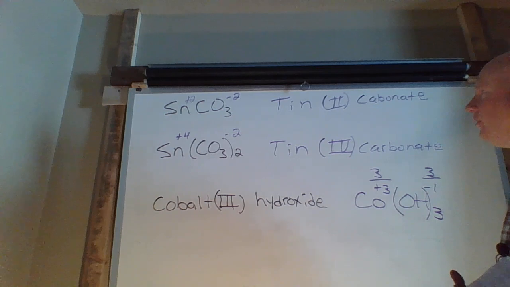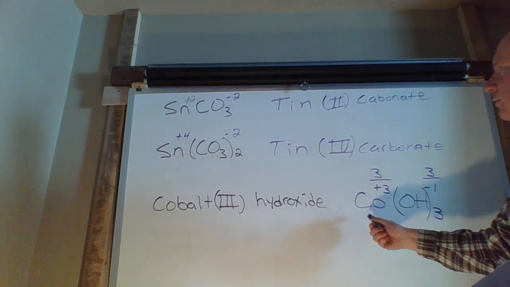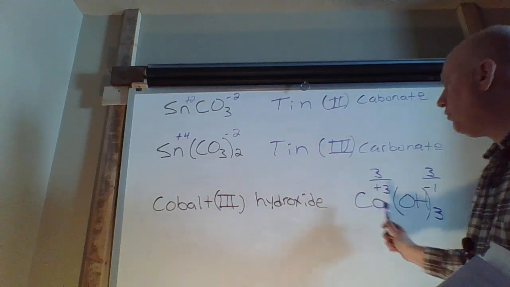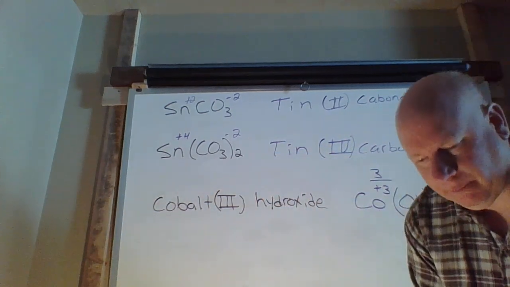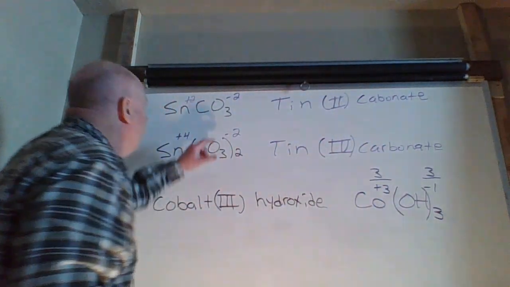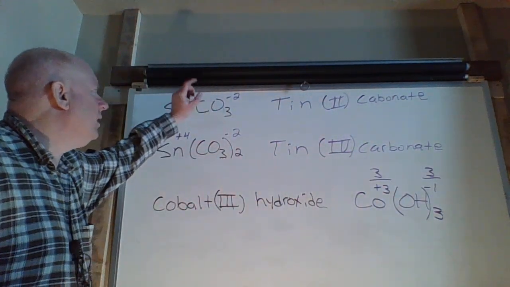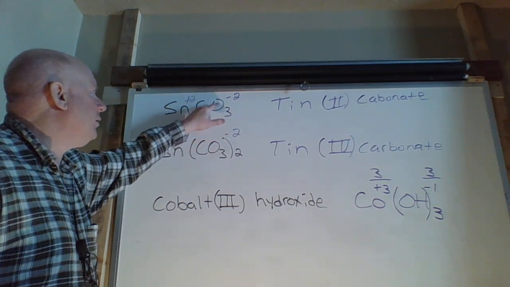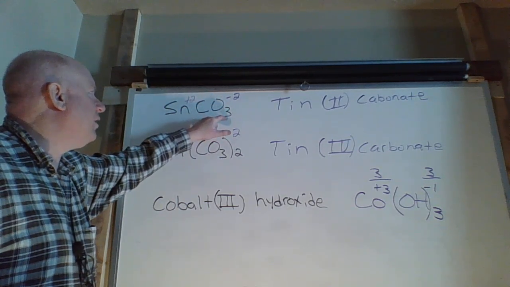So with that, we'll just do these two, because these are probably a little more tricky than the top one, because with this one, an oxygen atom has a mass of 16. You've got 3 of them, so 16 times 3 gives you 48.